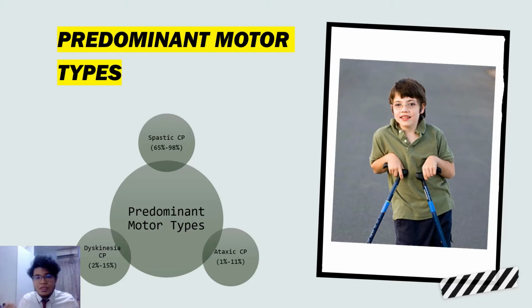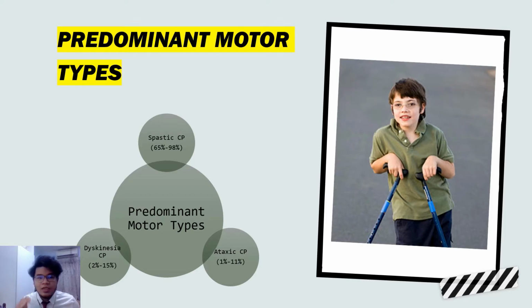So usually for spastic cerebral palsy, the probability of getting it is 65% to 98%. All of these figures are based on studies done in Victoria, where they compared the registries from several countries with their own records from Victoria, which is in Australia.